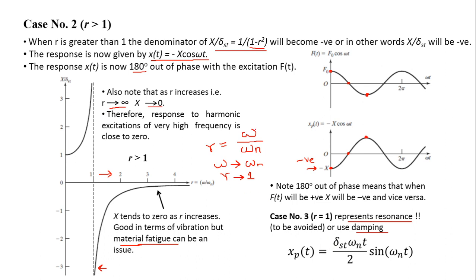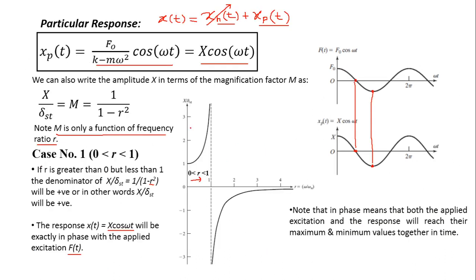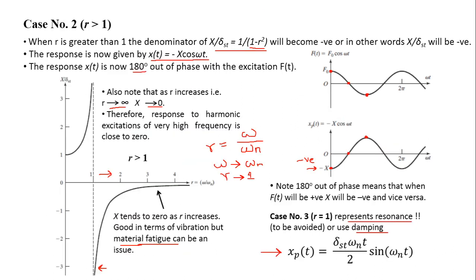Therefore a special arrangement has to be done by using L'Hospital's rule and considering the entire total solution, that is the homogeneous part plus the particular part, to obtain this response function. This response function is only valid for resonance. Otherwise we can use these responses.